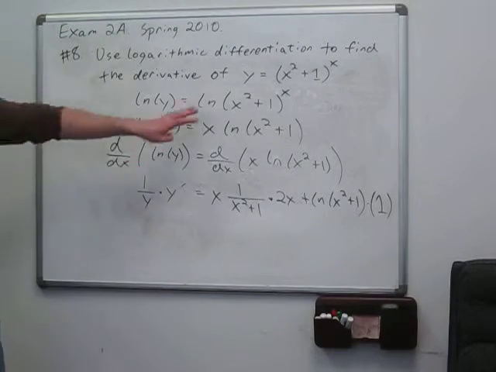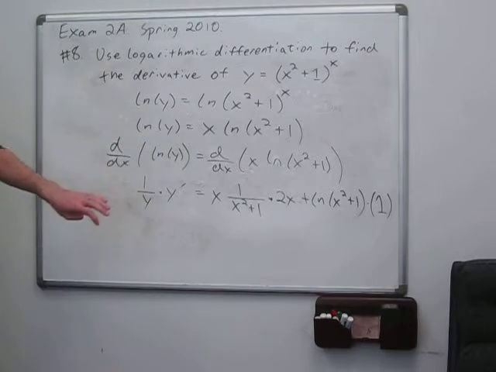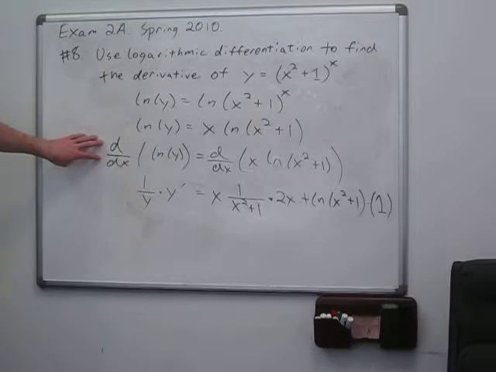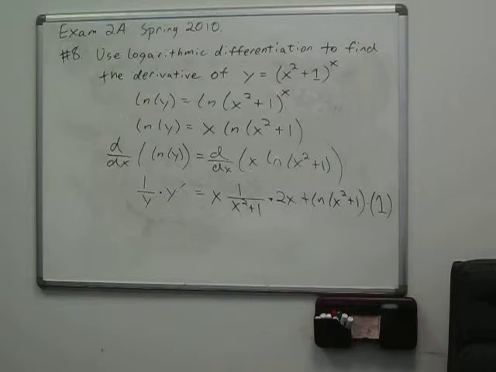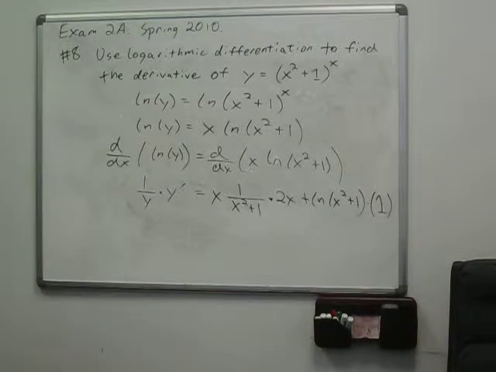So after we've transformed this into something that we can work with, we take the derivative of both sides with respect to x in a fashion that is similar to implicit differentiation, and then the rest of the problem is just solving this equation for y prime.